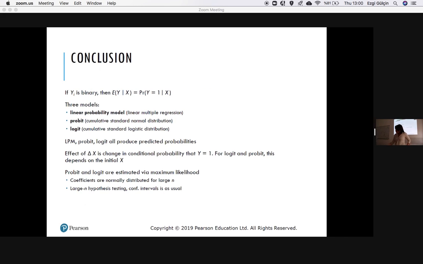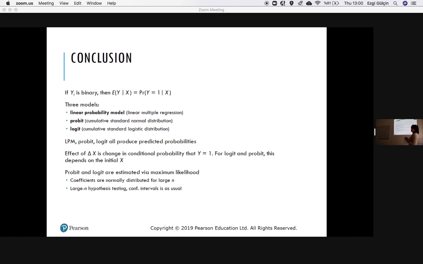Just to conclude here, we are in the case in which the dependent variable is a dummy variable. We interpret the regression model that we are estimating as the conditional mean of y given x, that is, the probability of y equal to 1 given x.